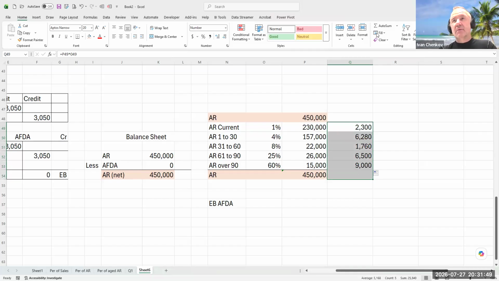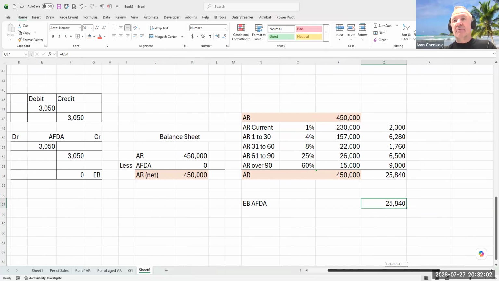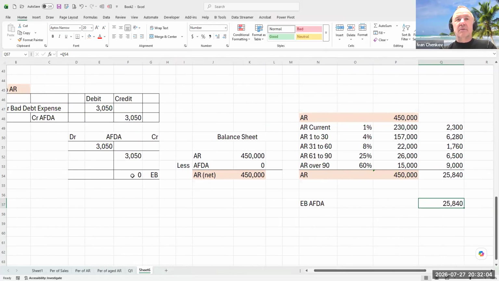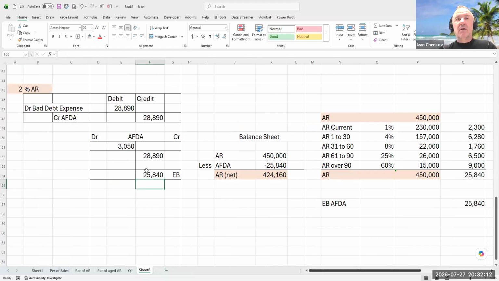Once I calculate all the numbers, it's going to give me the ending balance for the allowance for doubtful accounts, 25,840. I already have a beginning balance of 3,050. Then I have to make an adjustment or add a credit for 22,790. That will be my journal entry on this method.